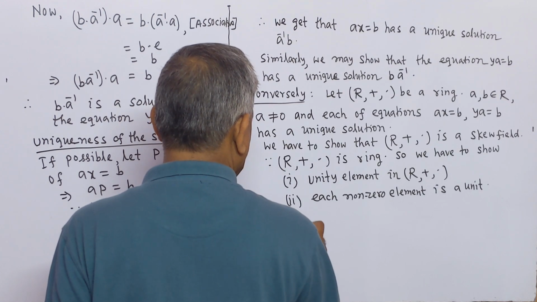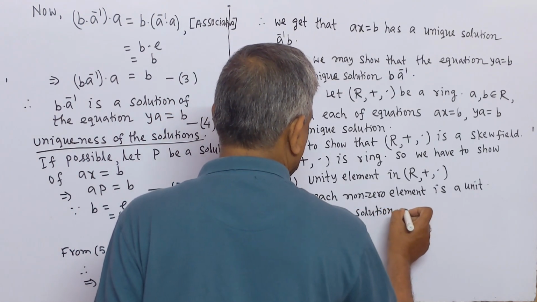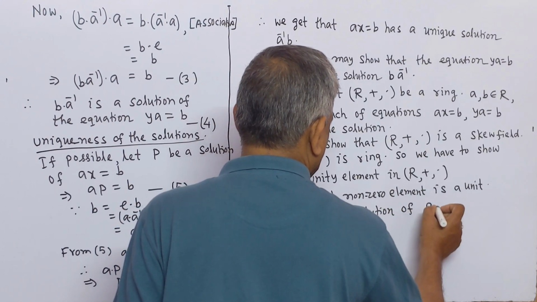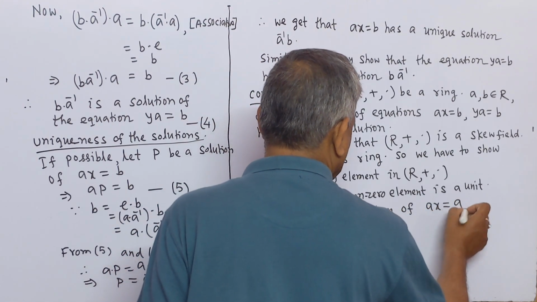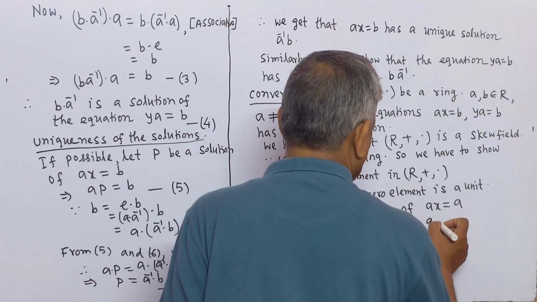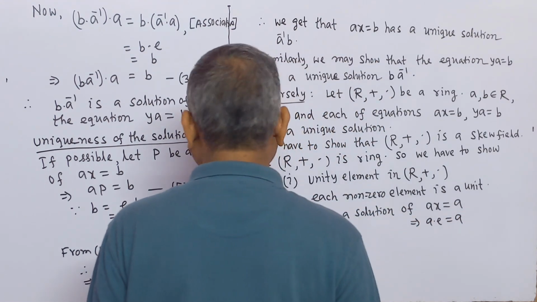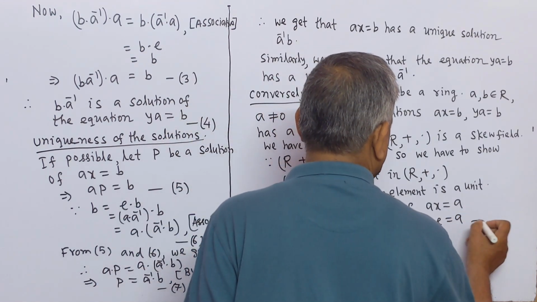Let E be a solution of ax equal to a, implies that ae equal to a. This is number 8.